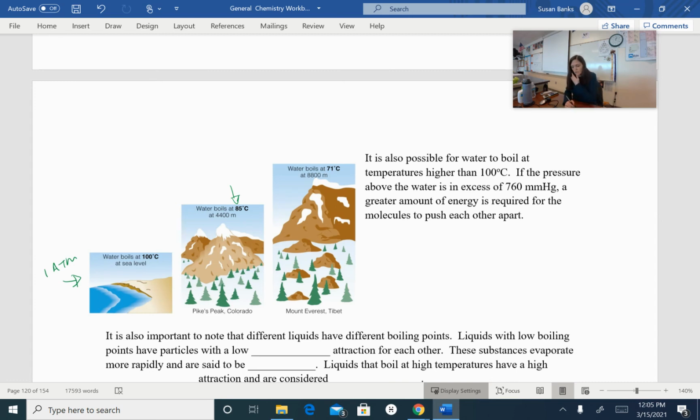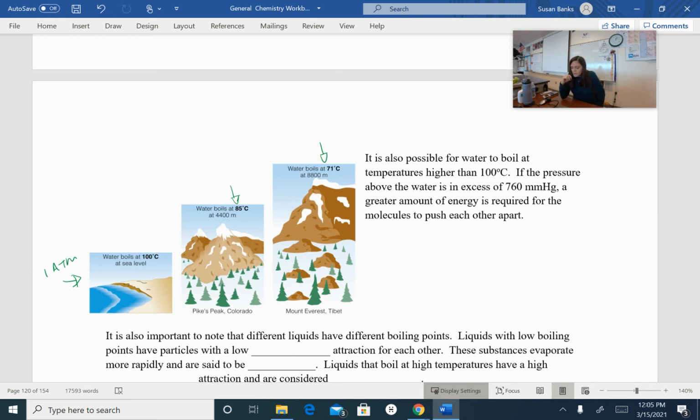Here in Salt Lake, we are at about 1,500 meters. But if I go up to Mount Everest, which is at about 8,800 meters, it goes all the way down to 71 degrees Celsius.